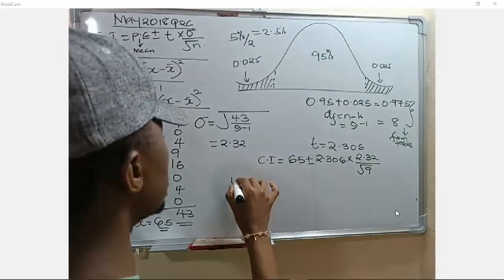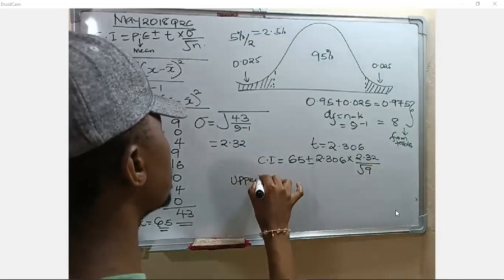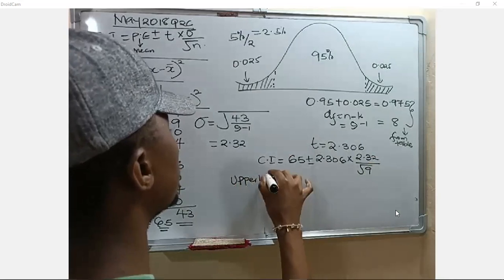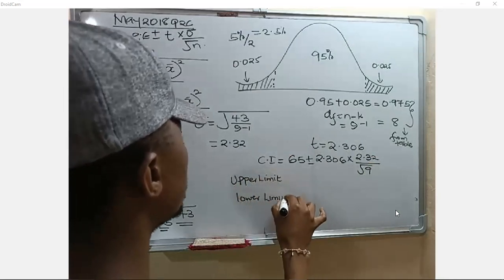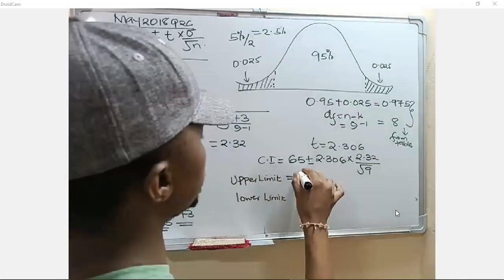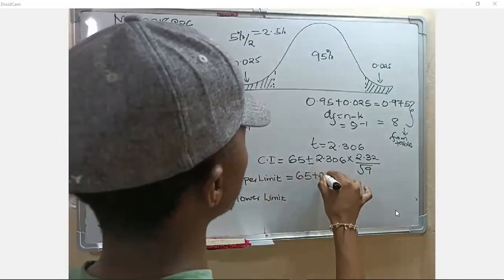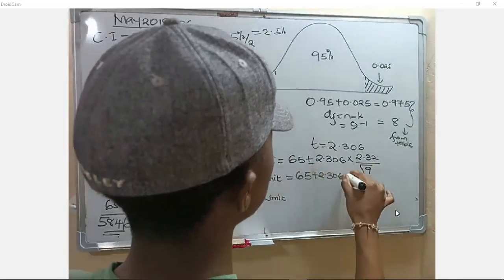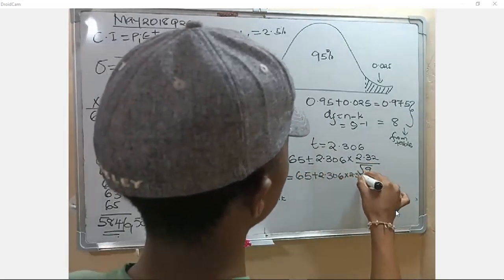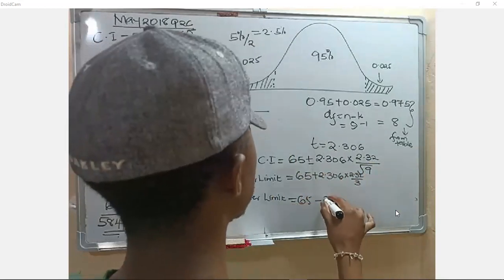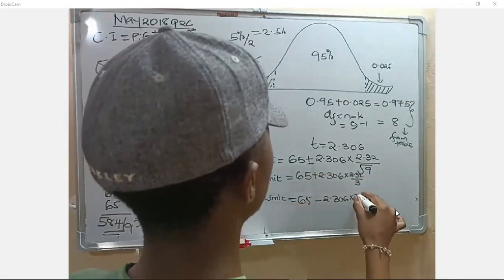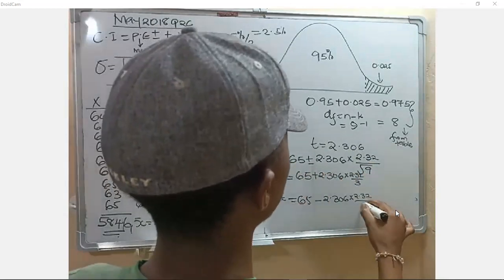So we are going to have an upper limit and a lower limit. The upper limit will be 65 plus 2.306 times 2.32, divided by 3. The lower limit will be 65 minus 2.306 times 2.32, divided by 3.